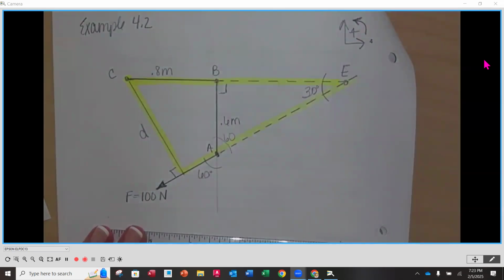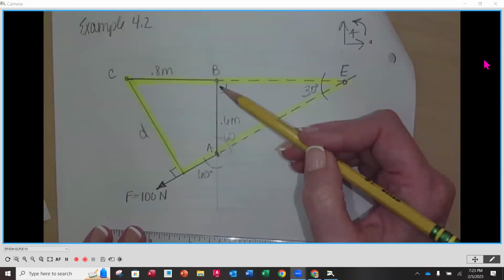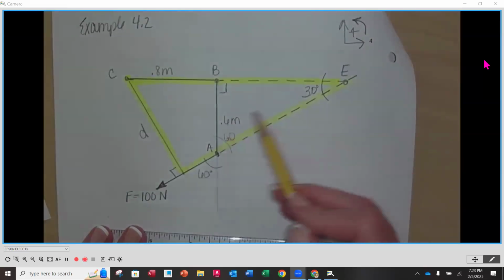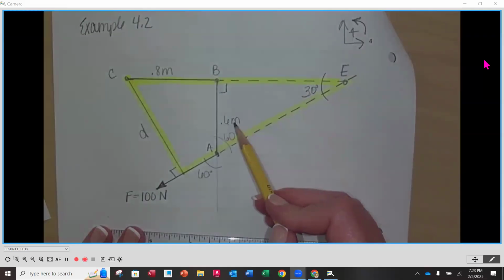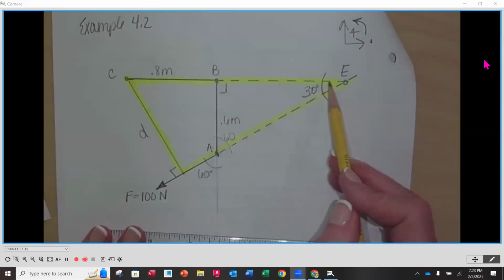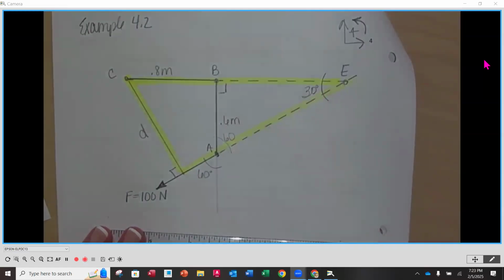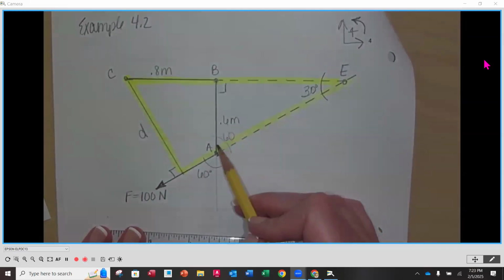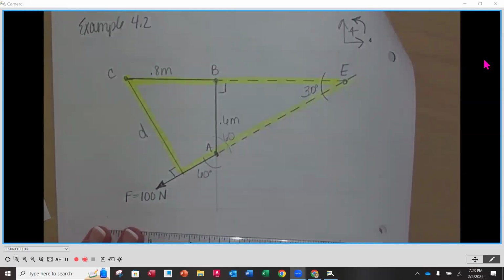Okay. Now, if we know that this leg right here is 0.6 and the angle opposite is 30 degrees, and I want to find BE, what trig function would I use? This is a leg, and I've got an angle. Sine, cosine, or tangent? It would be tangent, right? Sine and cosine need a hypotenuse.